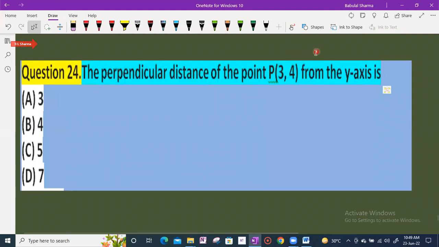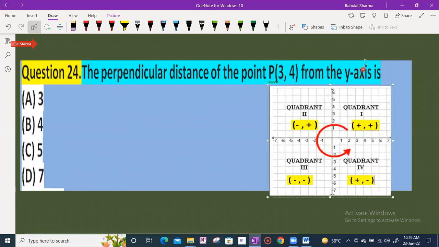And now the last question of this class is on your screen. The perpendicular distance of the point P, whose coordinates are 3, 4, from the y-axis is. The distance of the point from y-axis is x coordinate only. See here, I'm marking here the point 3, 4.